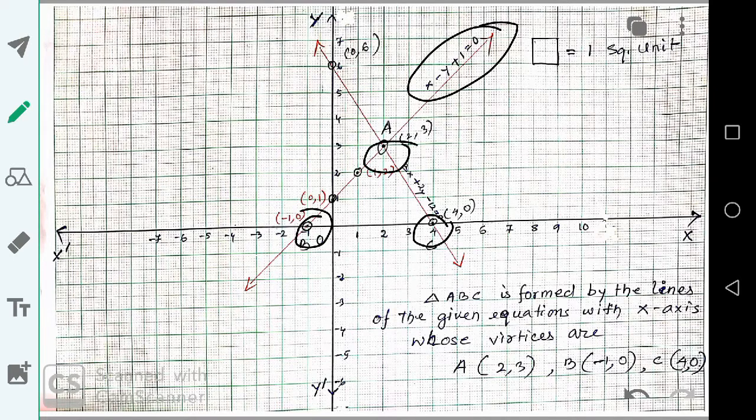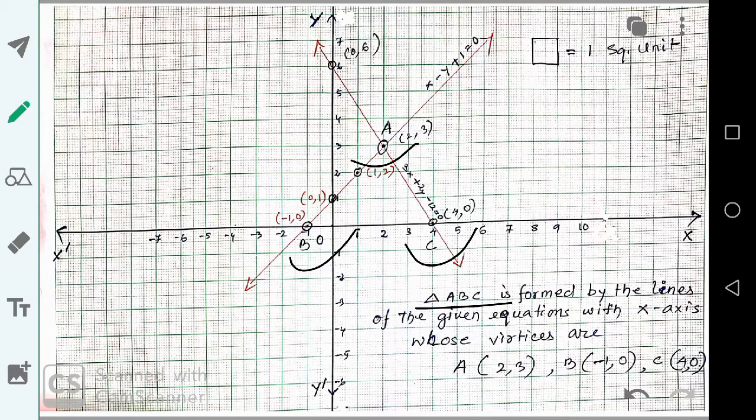So here you see, ABC is the triangle formed by these 2 lines, representing the 2 given equations, with the x-axis. Understood? Then what are the vertices of this triangle?